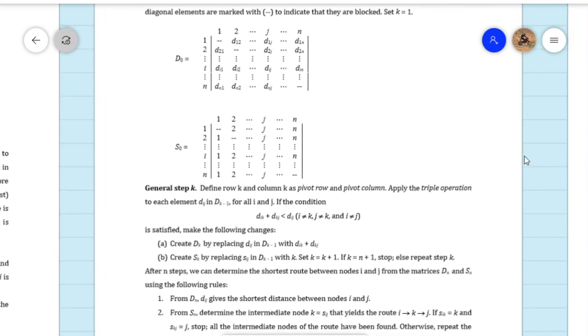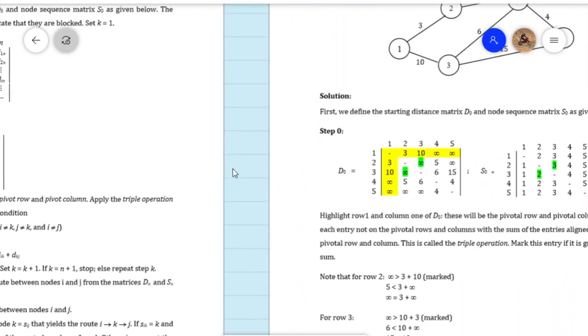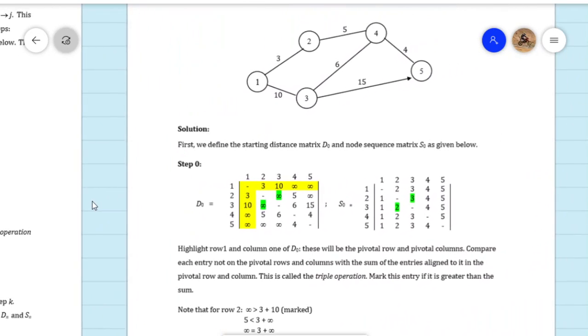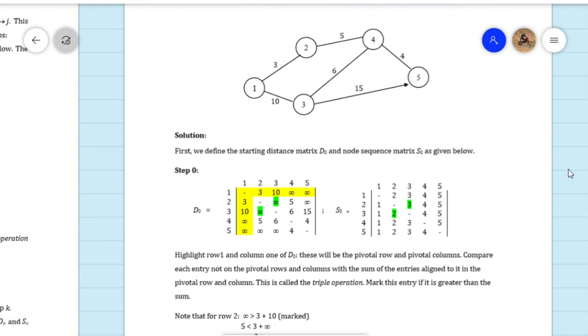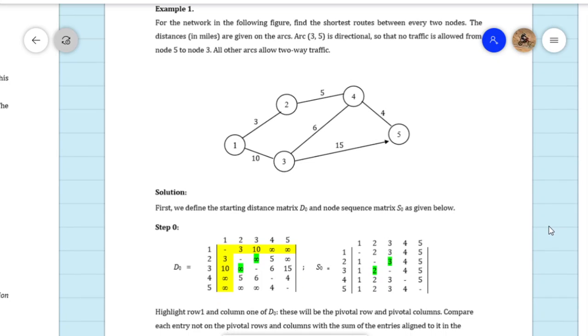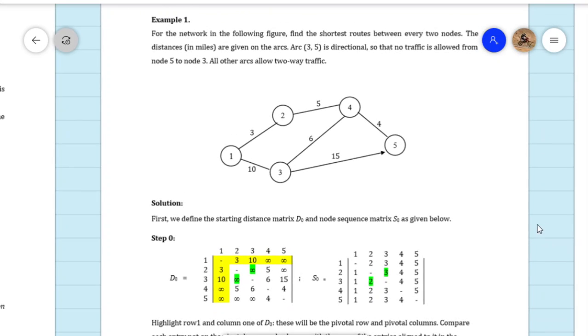Okay, let us apply the algorithm directly to a particular example. Here we have a network showing us five places.